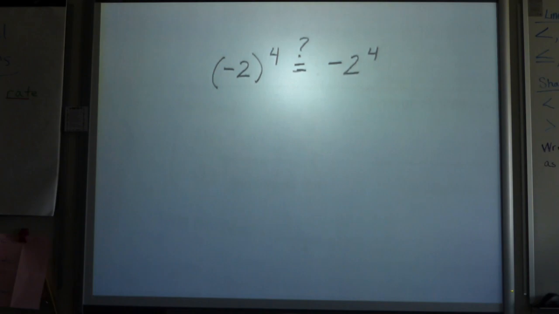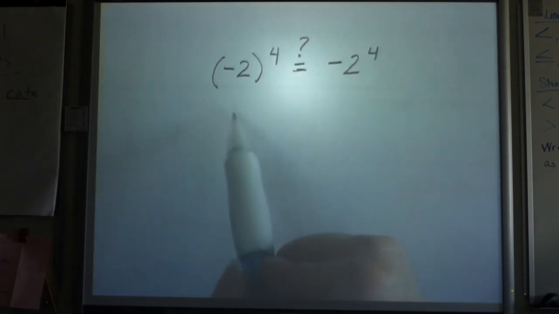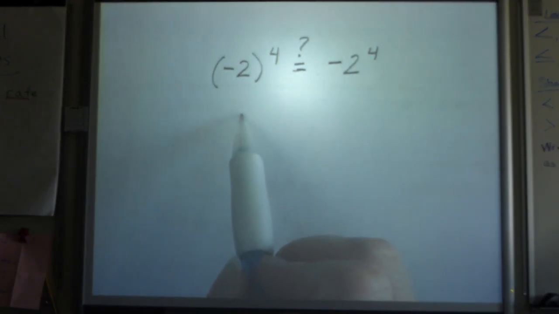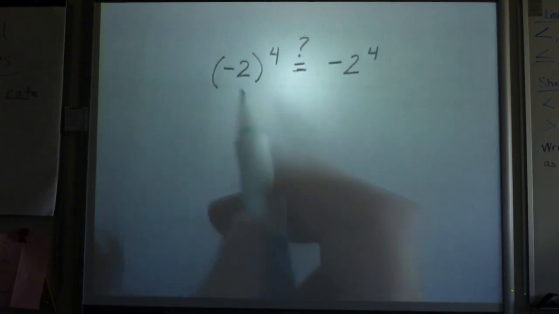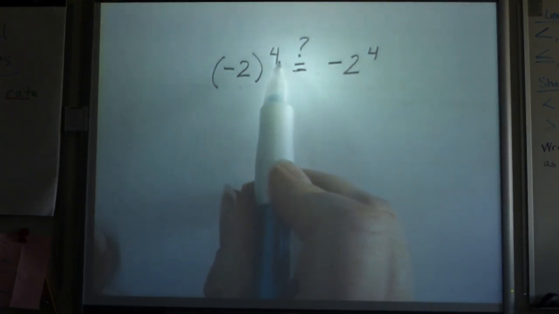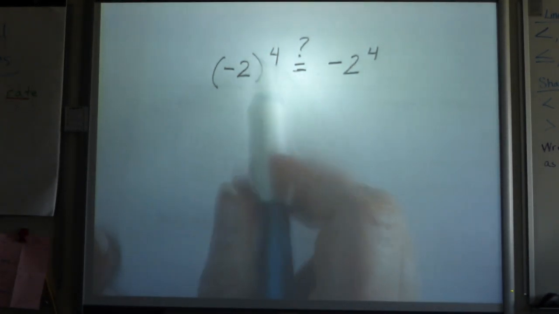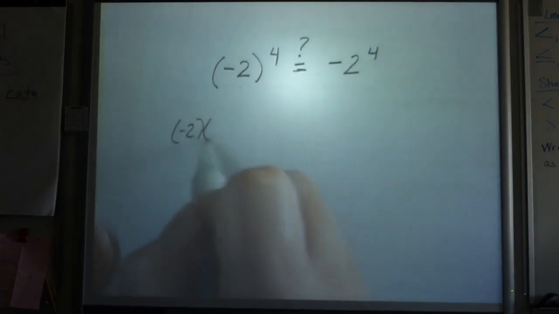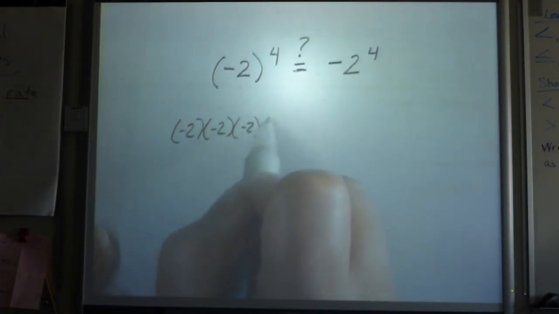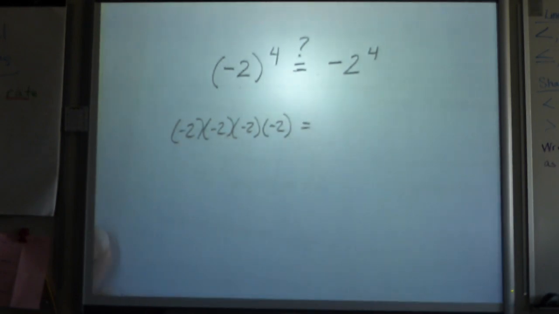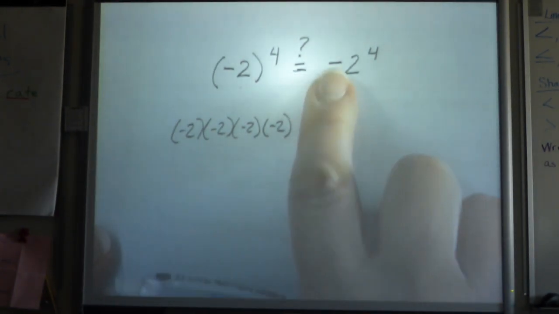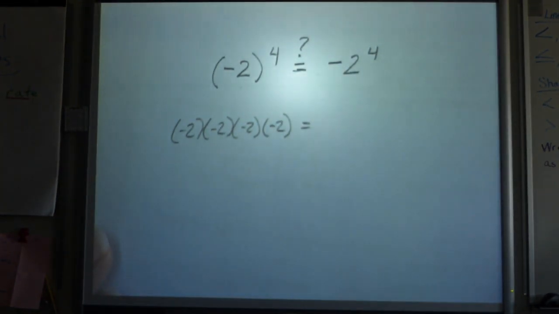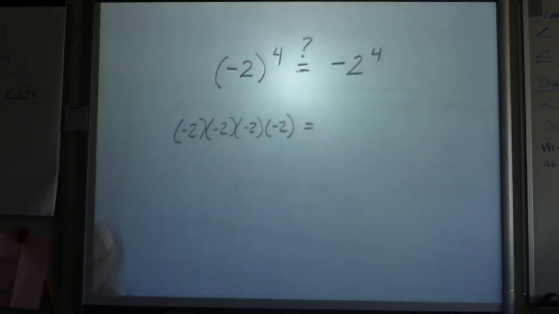Okay, so what do we think, class? Are these two equivalent? No. Okay, excellent. So what is the left-hand side equal to? This is equal to -2 multiplied by itself 4 times, right? Whereas this, we have the opposite of 2 to the 4th power.